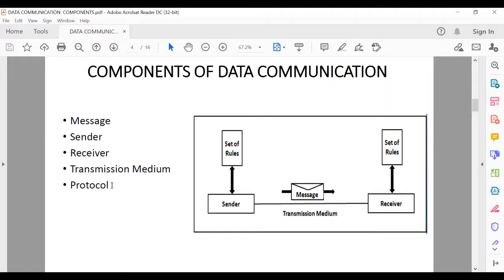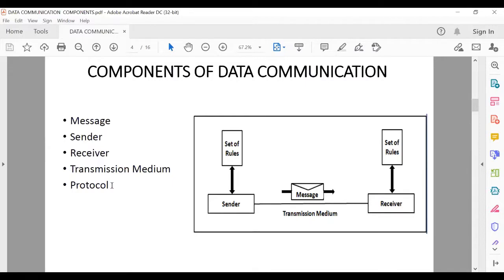Transmission medium is the path by which the message travels from sender to receiver. Okay, it can be wired or wireless, and there are many subtypes in both. So we will discuss wired communication, wireless communication, everything in further lectures.